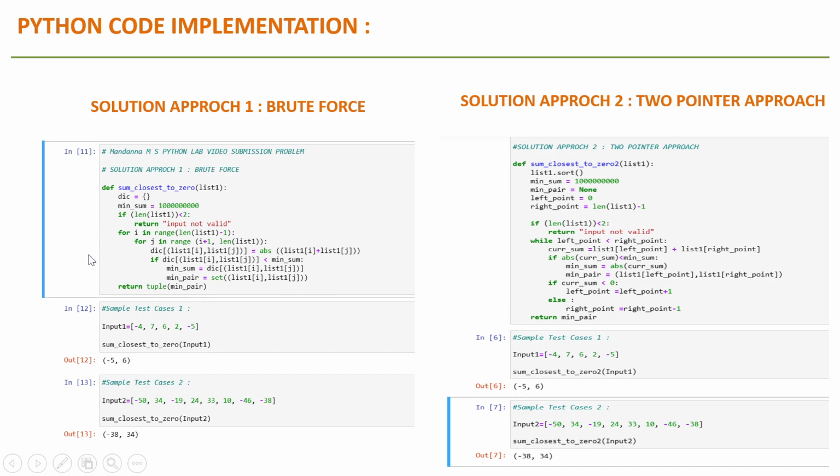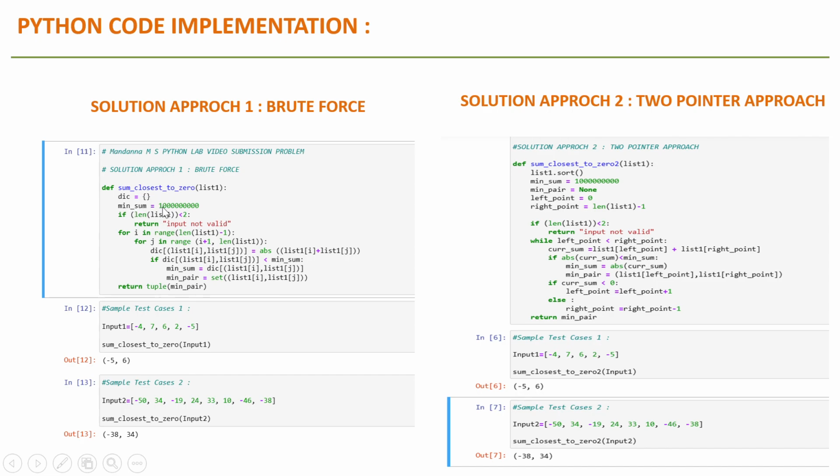In this first, as I stated, this is the brute force approach. I have defined a function sum closest to 0 with this element. Then I have opened a new dictionary, because after continuous iteration we have to store a minimum number. For that we have opened a new empty dictionary over here.